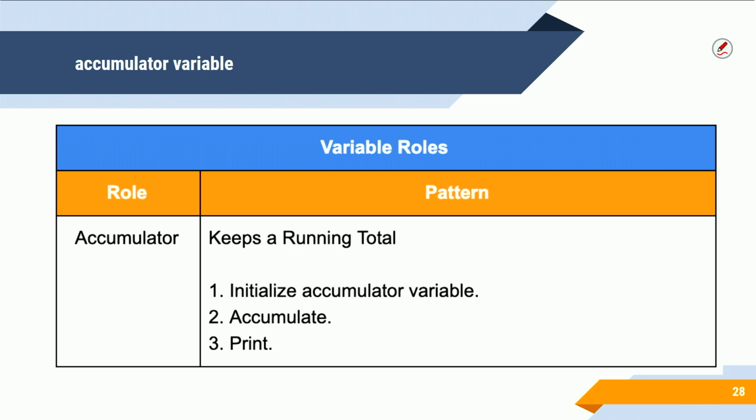The accumulator pattern keeps a running total. So the pattern for that is, number 1, initialize the accumulator variable. When I say initialize, I mean start off with a value. If we're trying to keep a running total, probably want to start off counting from 0. Then number 2, we're going to accumulate. And then number 3, we're going to print.